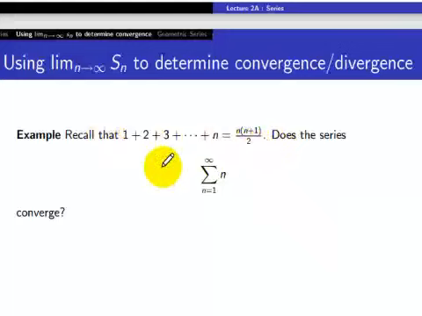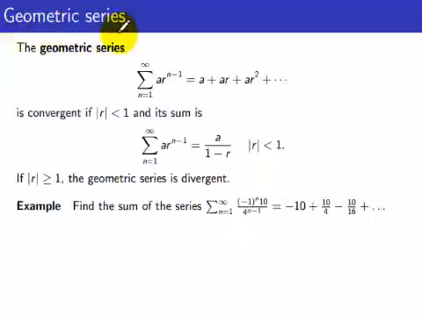So this is the nth partial sum of this infinite series. By taking limit, you know that this term goes to infinity. Therefore this is divergent, this diverges to infinity, right?